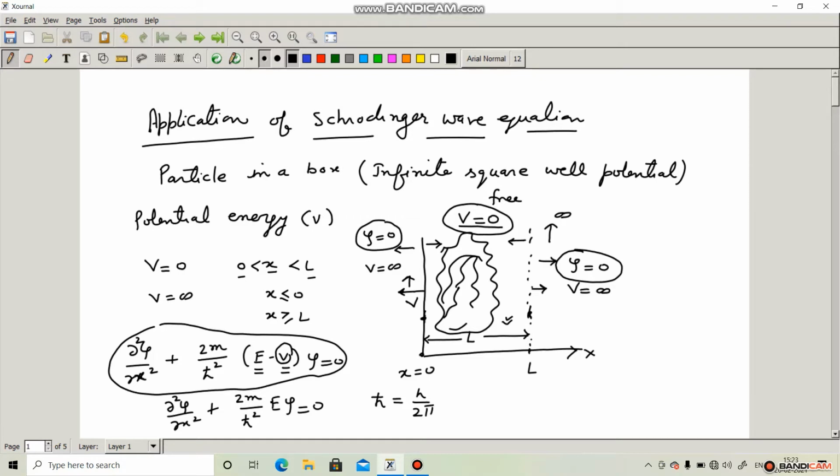This is the Schrodinger wave equation inside the box. Here m is the mass of the particle, E is total energy, h cross is h upon 2 pi. This twice m E upon h cross square, we can consider k square.